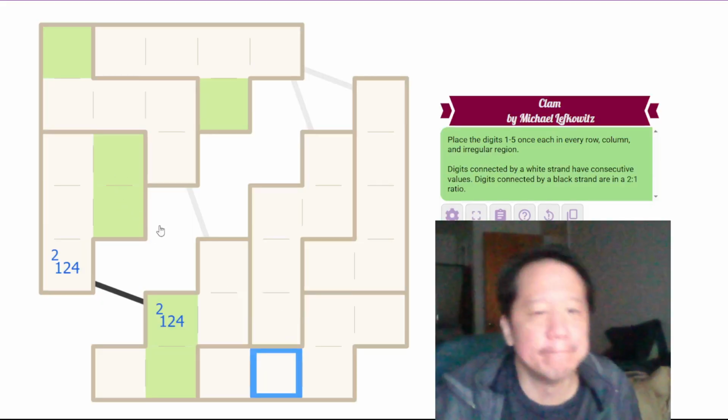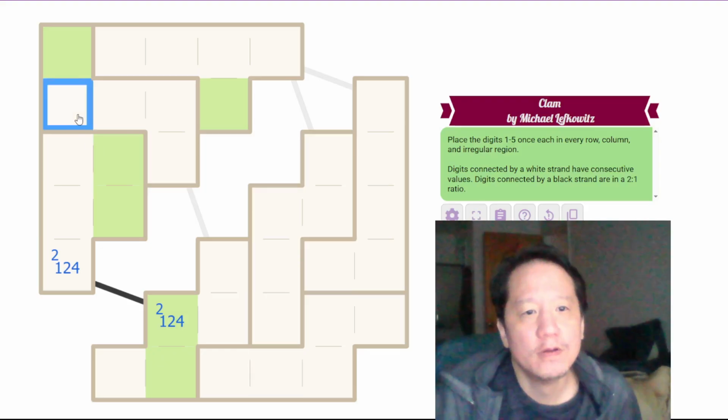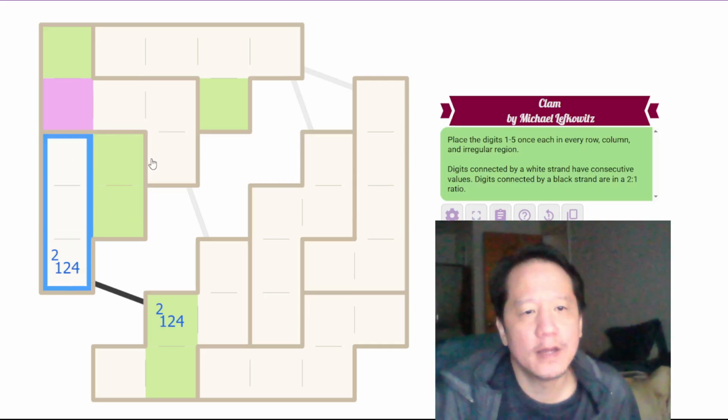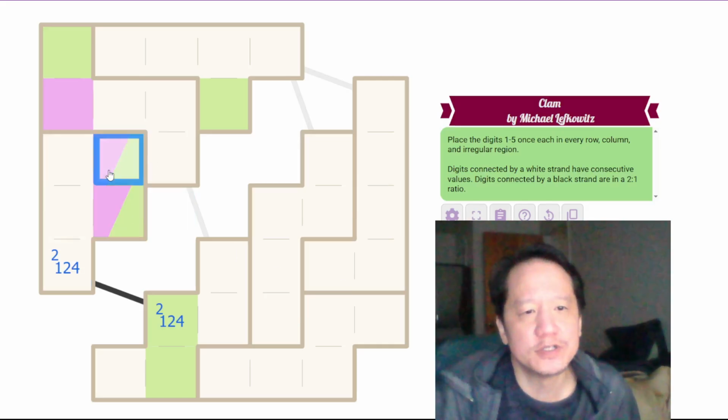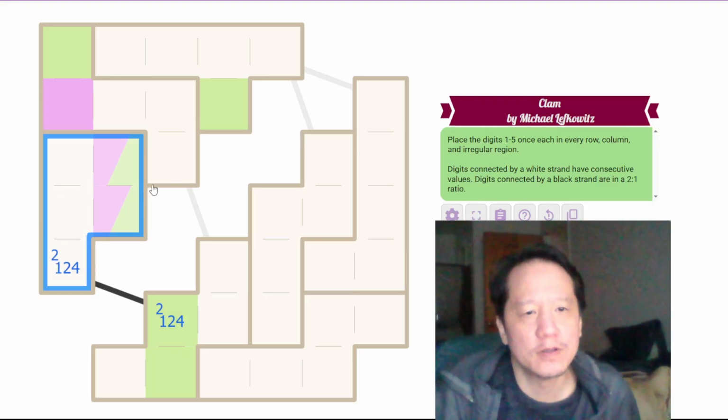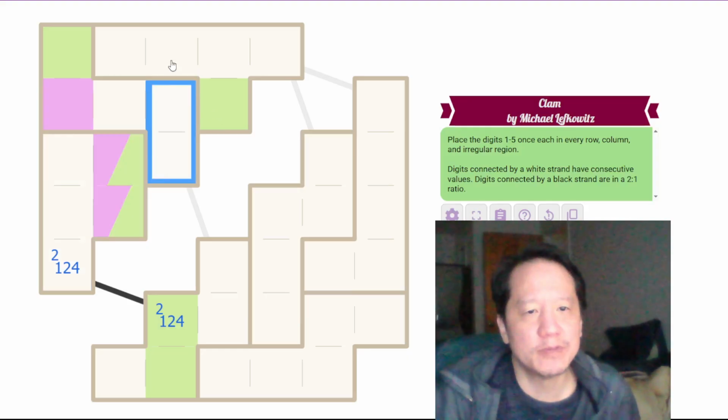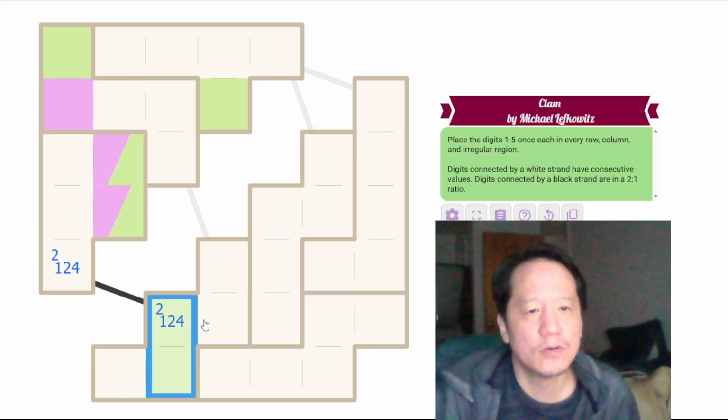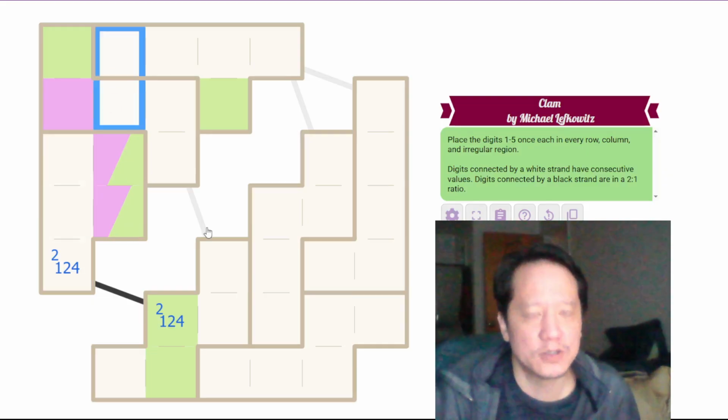This digit, I guess we'll make it pink, has to match one of these two digits for this column, or for this region. Cannot be here, but it could be here or here. So these three digits match these three digits here.